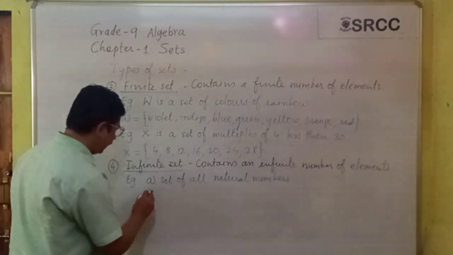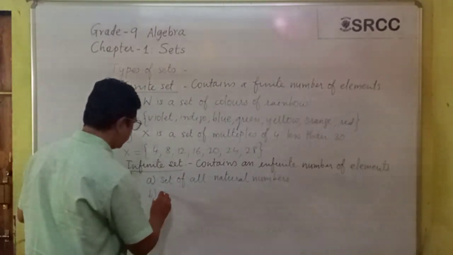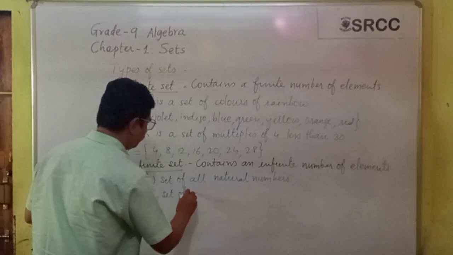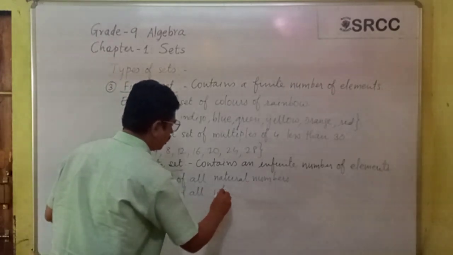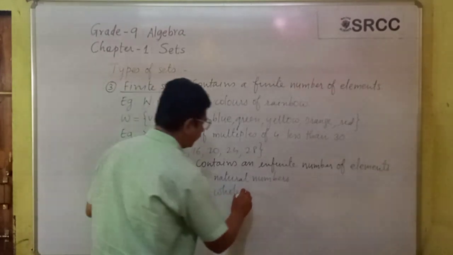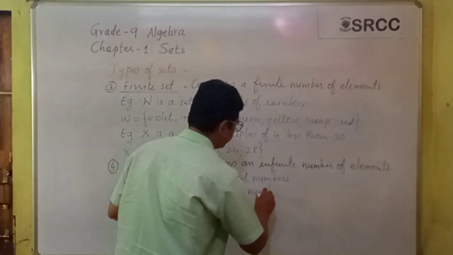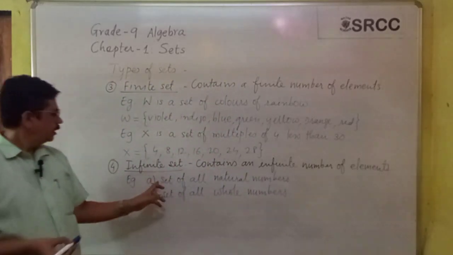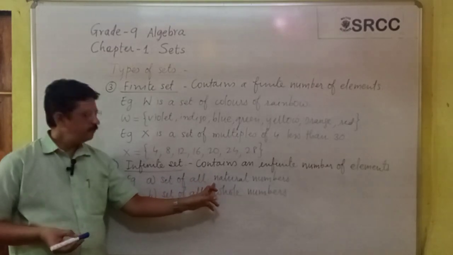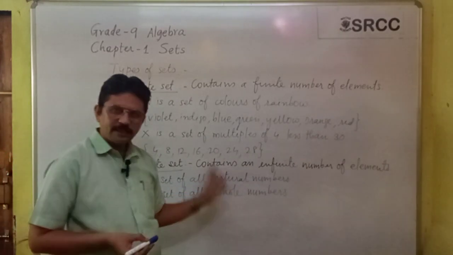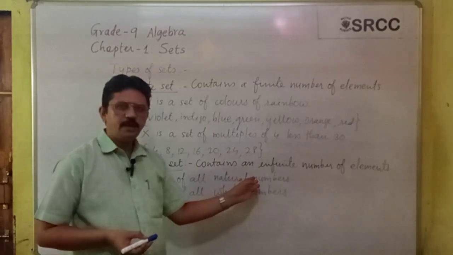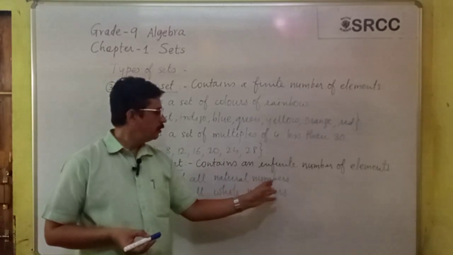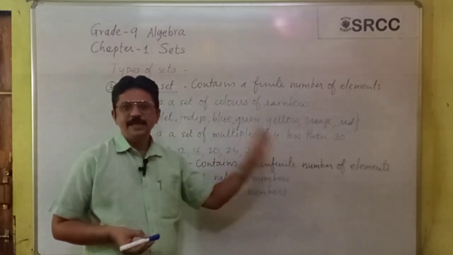We can take one more example, set of all whole numbers. We know in the set of natural numbers, 1 is the smallest natural number and we can't comment about the largest or the biggest natural number.